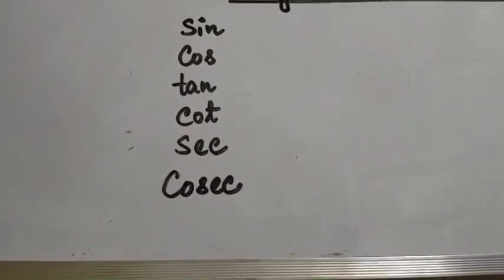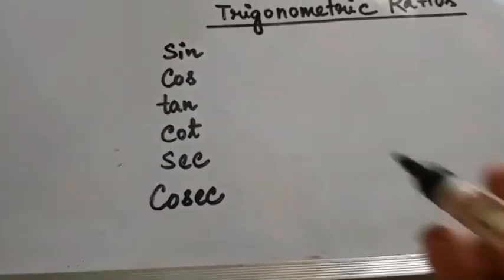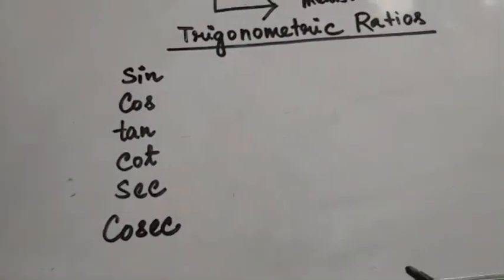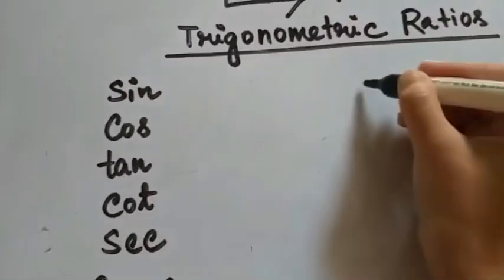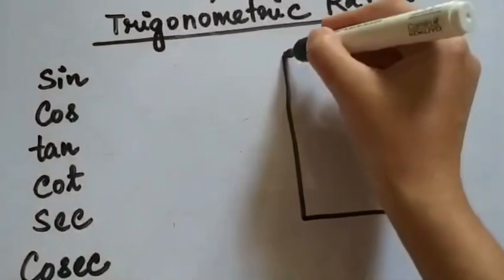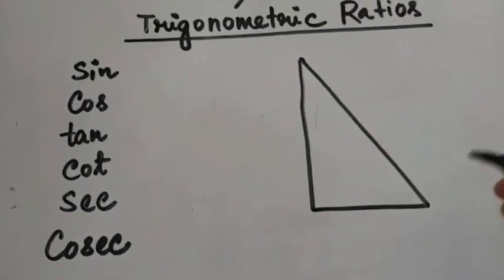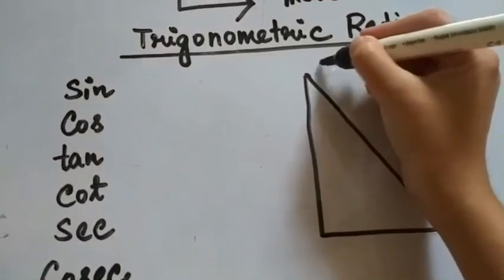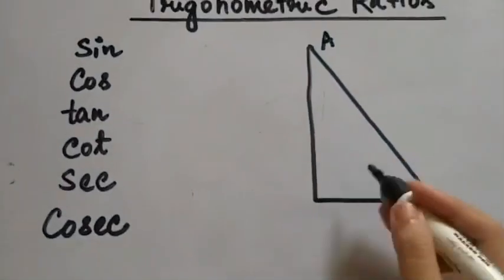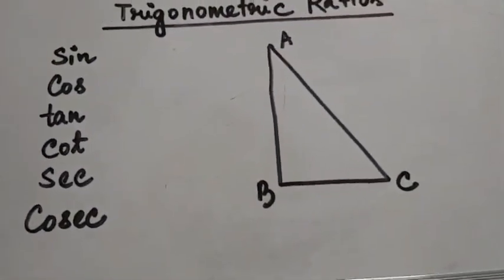Now, we have to consider a right angle triangle to show these 6 trigonometric ratios. So, let us draw a right angle triangle. Let us denote the name as ABC.